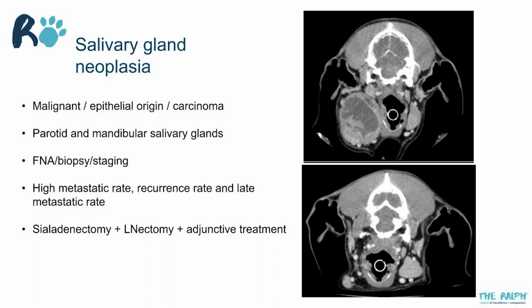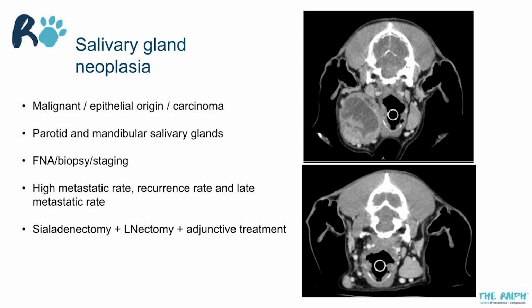You can see here that this is the contralateral salivary gland. Obviously there is none here, hopefully because I had removed it at the initial presentation. And also, the other thing you can see is this structure here. I hope it's highlighted by the laser pointer. This is the medial retropharyngeal lymph node, so there was metastasis to it, which you can see here.